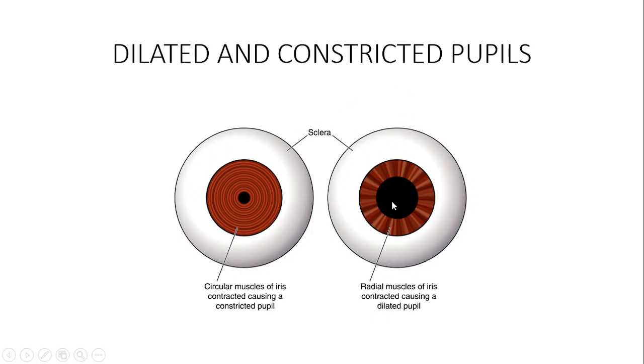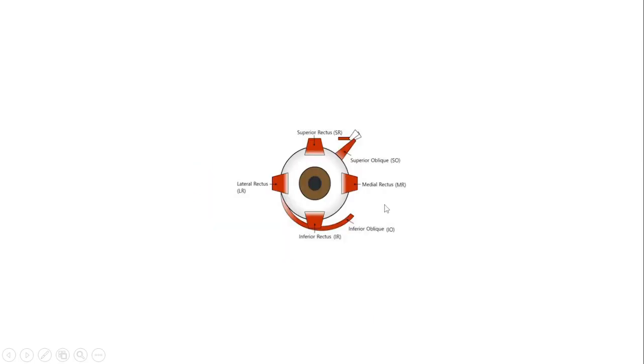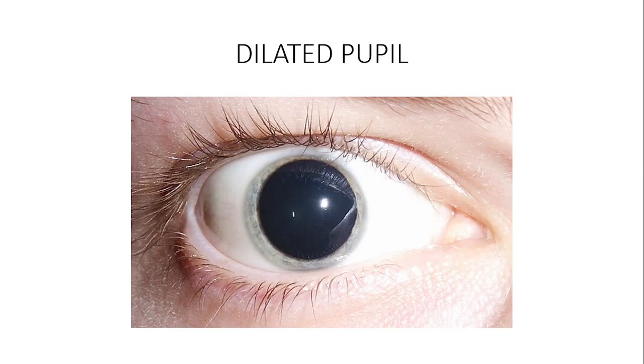Spherical aberration. Because now the pupil is widely dilated, there is no stop from the iris, and all the light rays coming from the periphery enter to stimulate the rods, and that doesn't give you sharp vision.